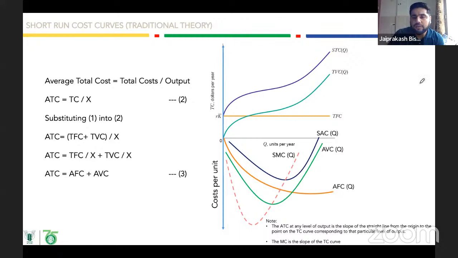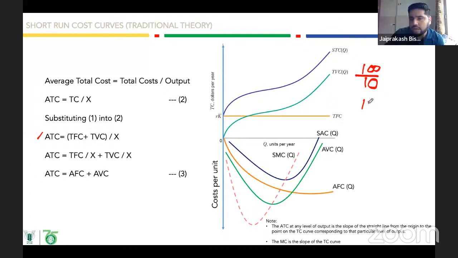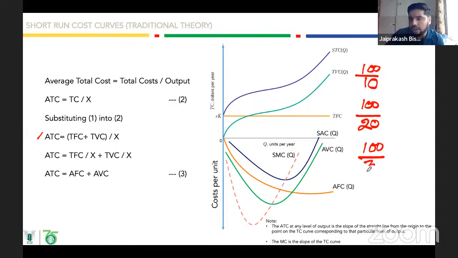Okay, so this is your fixed cost curve. When your output is increasing and your cost is fixed, for example, when initially the output is 10 and cost is 100, again cost is 100, output is 20, again fixed cost is 100, output is 30.